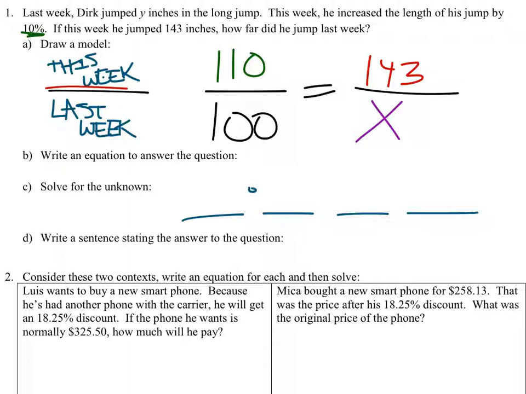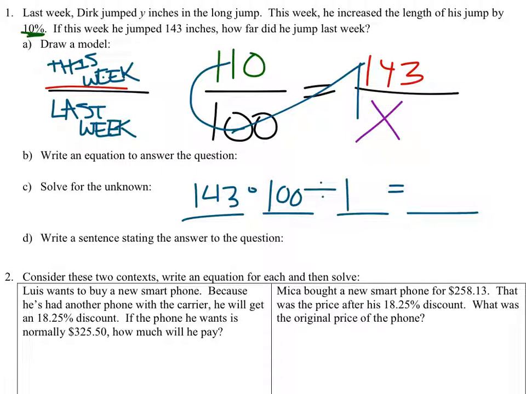So we got multiply, divide, and equals. And we go up to the 143, down to the 100, right back up to the 110, and this equals x. And if we solve, we see that x would equal 130.